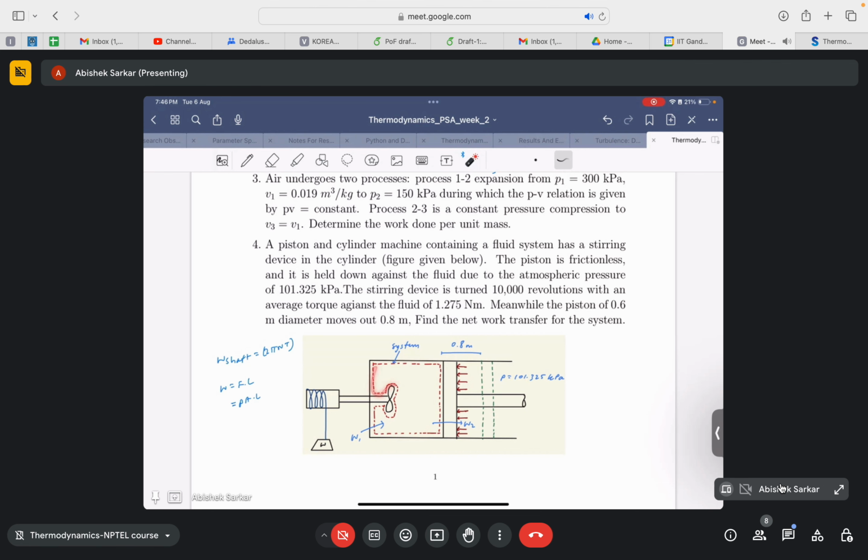So there is a shaft work within the system, you need to find that. And then because of this shaft work, the system is expanding and the piston moves out to a distance of 0.8 meter. No, it's not correct, just check the units and the calculations. So by doing so, the system is receiving a shaft work of this amount and doing a work of this amount. Then tell me the net work interaction.